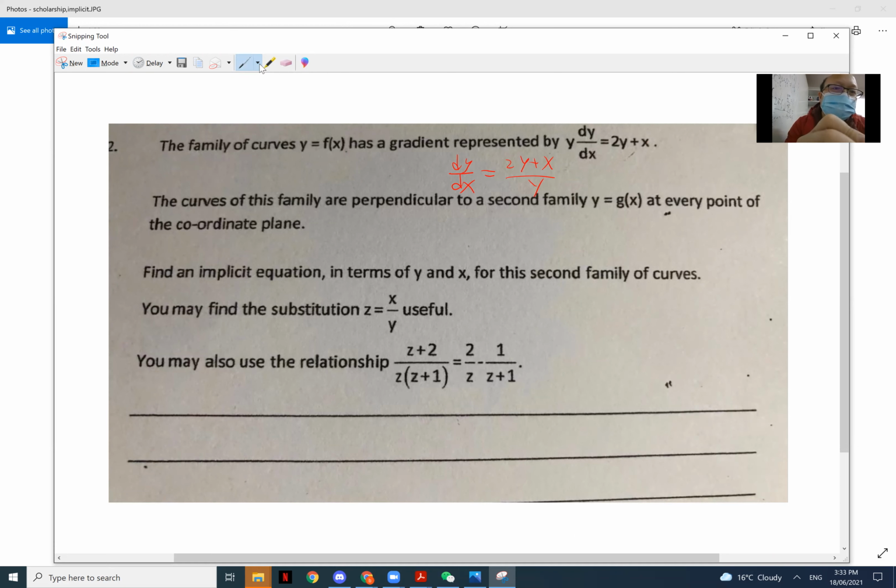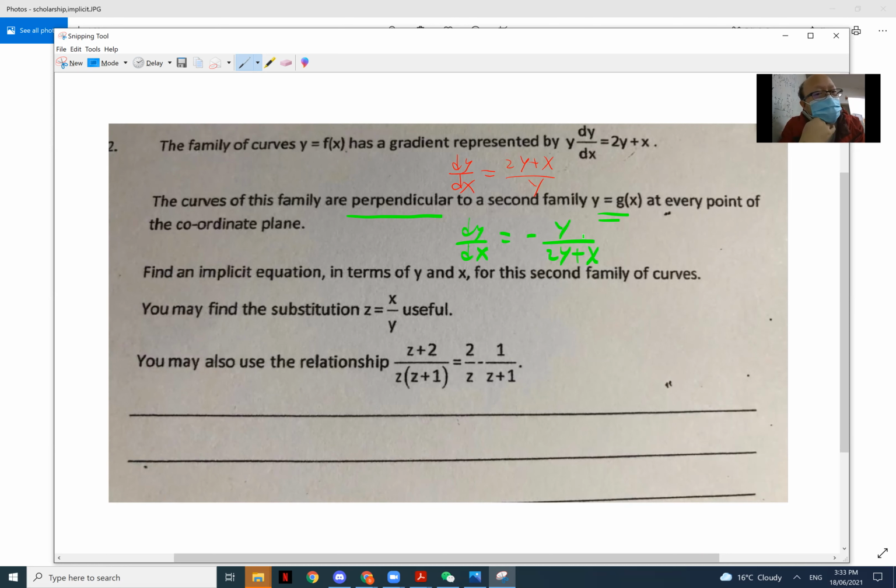Now, AS knowledge: perpendicular. If two lines are perpendicular, what about the gradient? Negative reciprocal. Yes, which means for g, dy/dx equals negative y over 2y plus x.